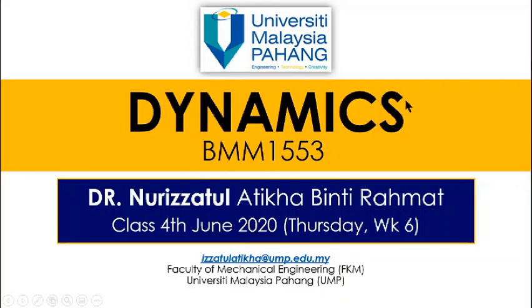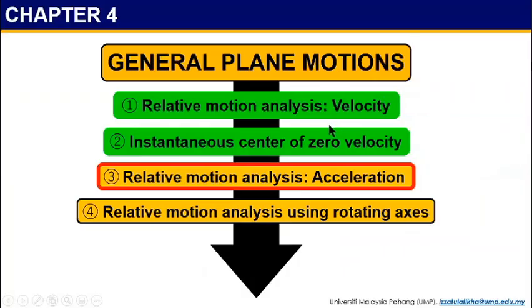So today, I will continue on my video for chapter 3, part 3 for subject BMM 1553 Dynamics. Previously, in my two videos, I already explained relative motion analysis using velocity to determine position and velocity of a rigid body.